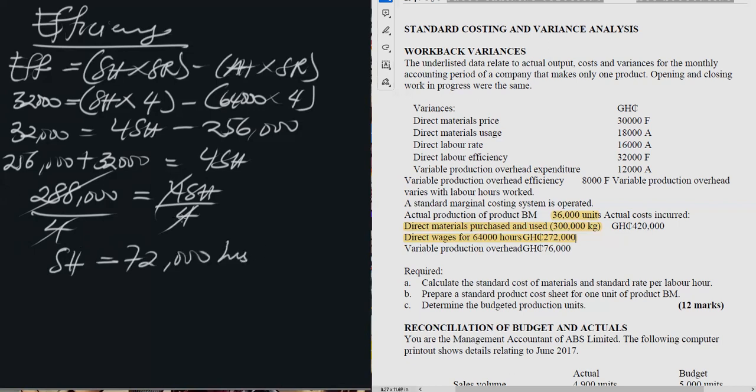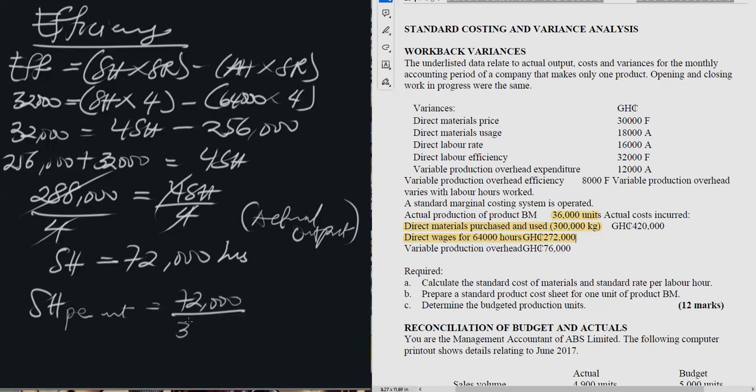But remember that standard is always of what? Actual output, right? That means anytime we are doing standard, we multiply by the actual units produced. Since you are multiplying by the actual units produced, that means the standard hour is for all the units, but we want one standard hour per unit. So this one you have to divide by the actual units that were produced, which is 36,000 units.